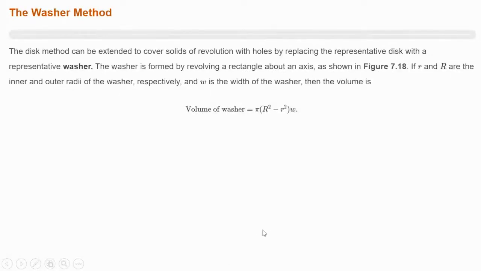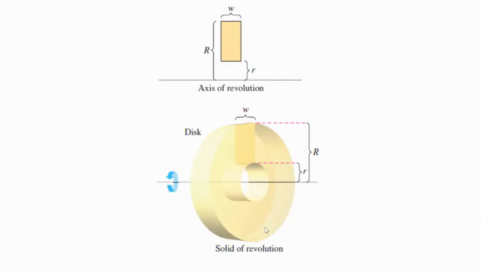In fact, let's go to the picture right away, and we'll come back to this slide. Okay, so here is what's happening. Your axis of revolution is this one right here. But your rectangle is floating above the axis of revolution. It's not sitting on the axis of revolution like it was in many of the earlier problems.